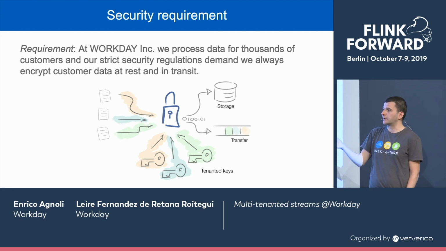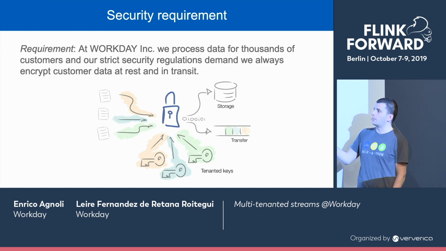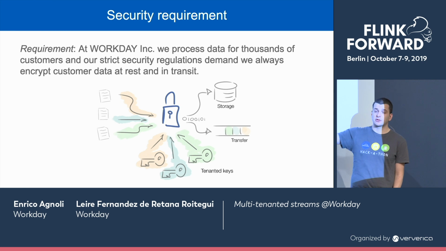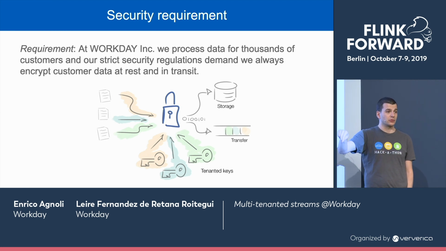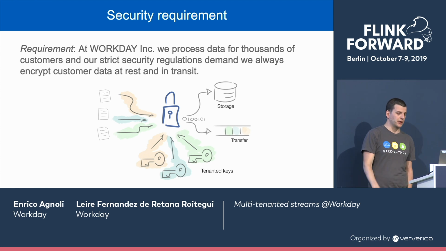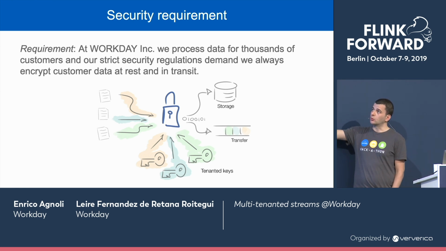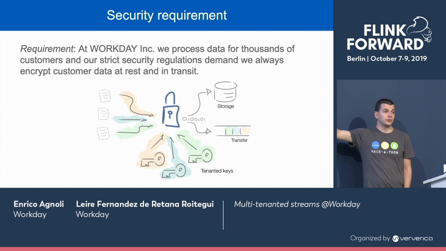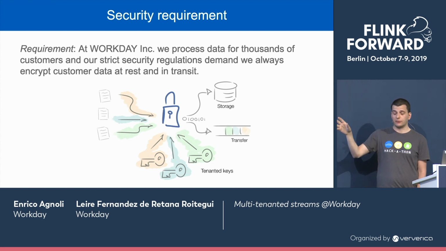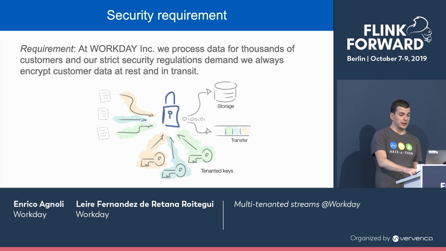What does it mean in practice? That I cannot simply encrypt a storage and put two pieces of information coming from two different tenants on that storage. This is going to break our security agreement with the customer. So we had to work out these requirements to be able to bring to production a Flink infrastructure for our customers.